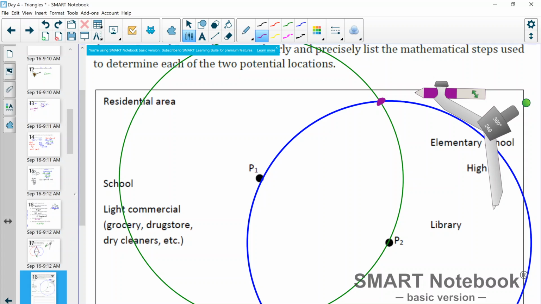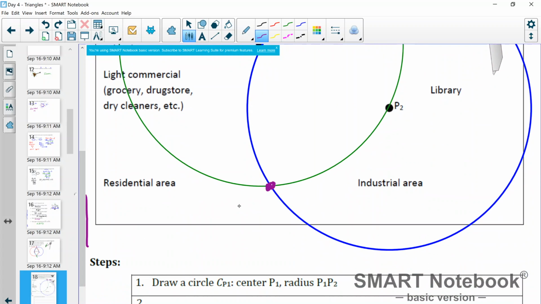So here, up at the top, is possibly Park 3, and they said Park 3A. And down here at the bottom could be Park 3B.